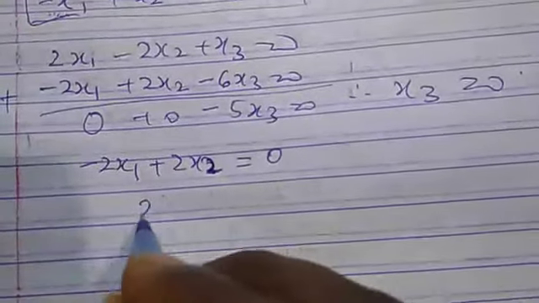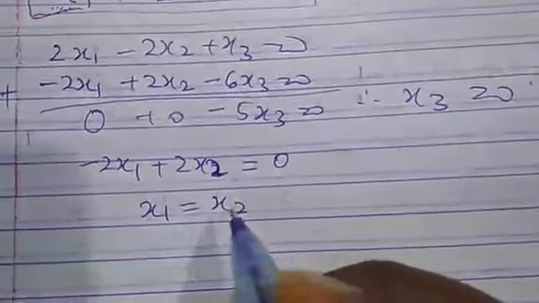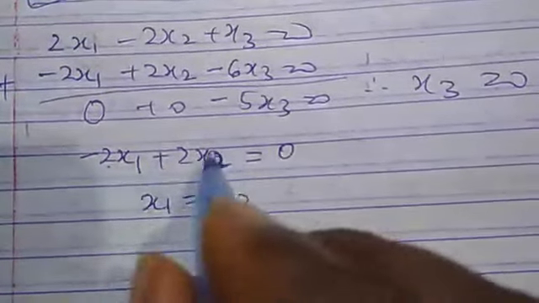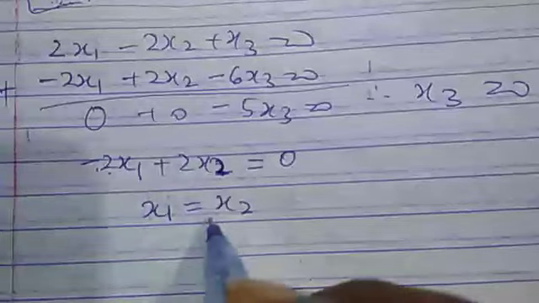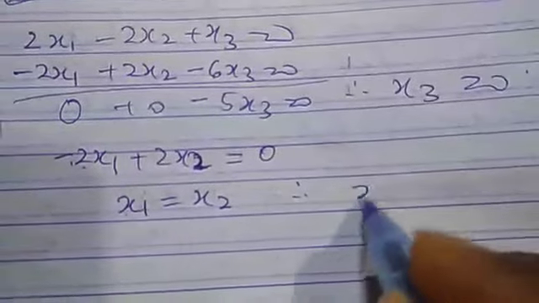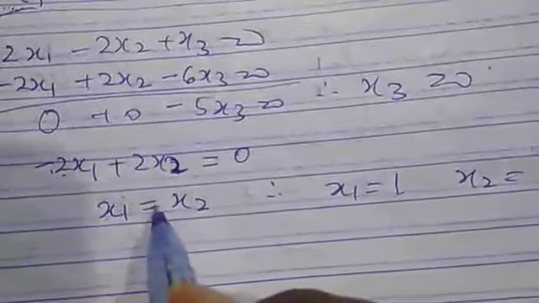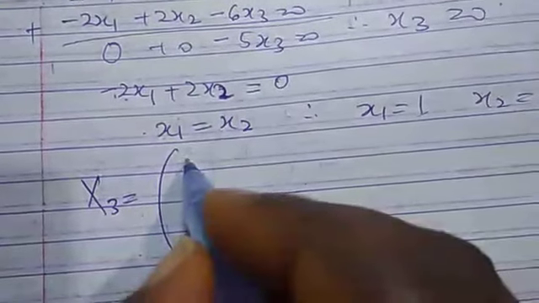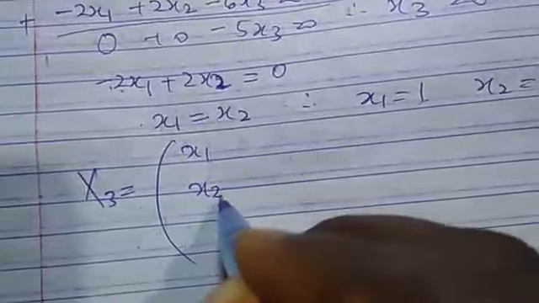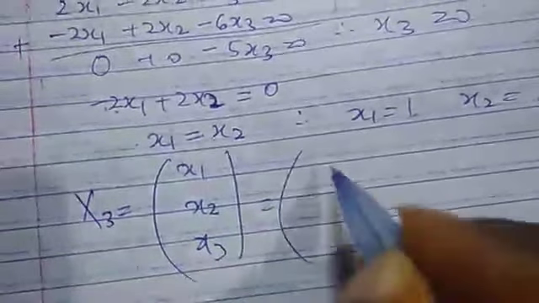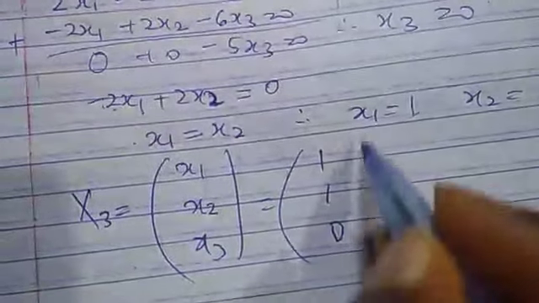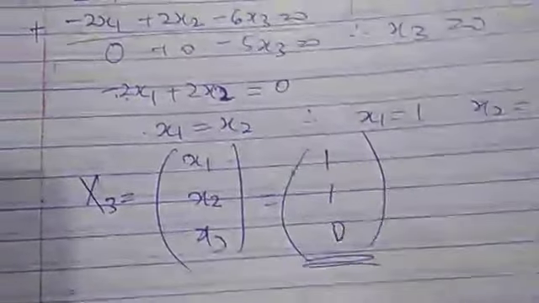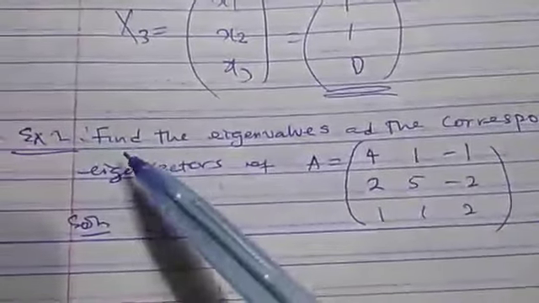From that place, you will see that s1 is equal to s2, because 2 will cancel. So s1 is 1, s2 is 1. s1 is the coefficient of this, s2 is the coefficient of this, so they are both 1 and 1. Therefore, the third eigenvector will become this, that is simply 1, 1, and 0. So that's our answer.